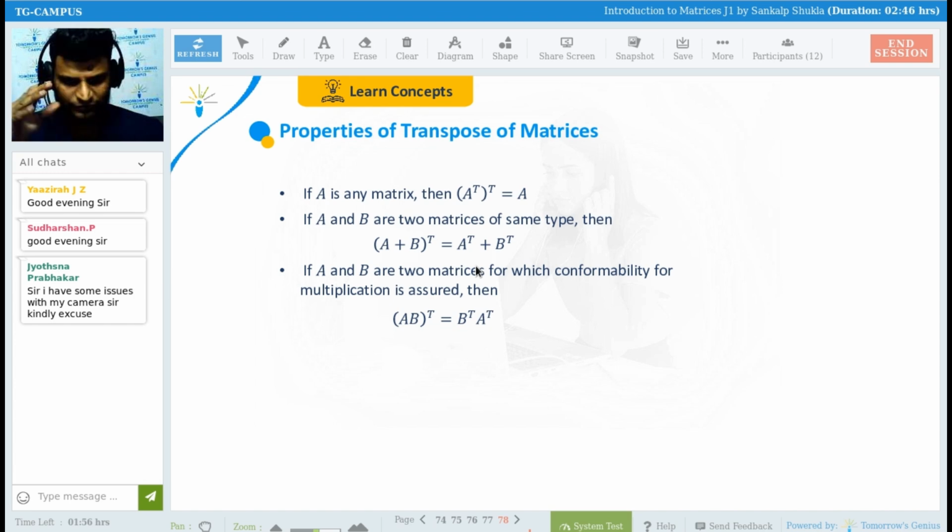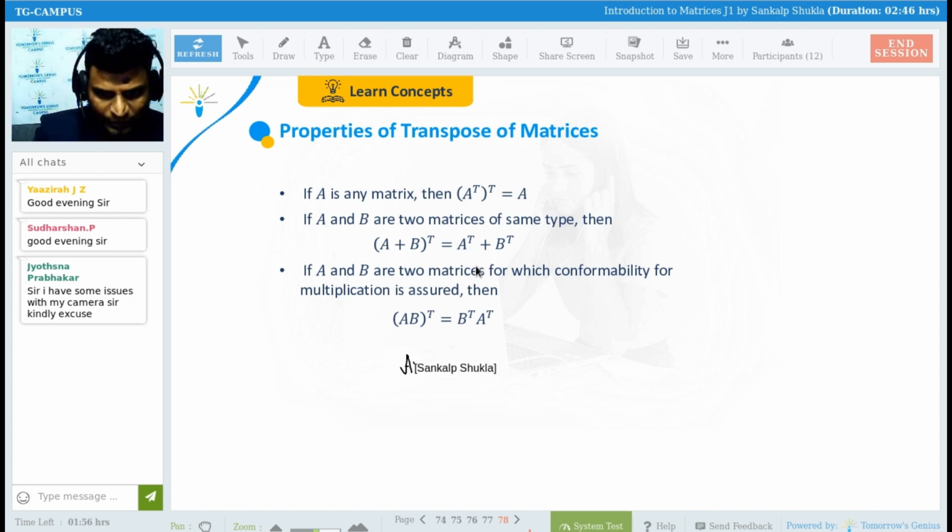So for now we can say that if there are two matrices, okay, like A and B, and you multiply both the matrix, okay, then you take the transpose. So that will be equals to this. The transpose of second matrix multiplied by transpose of first matrix.